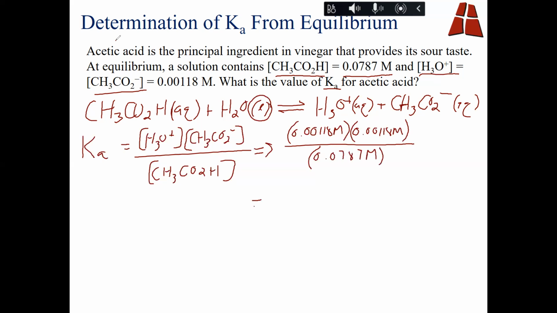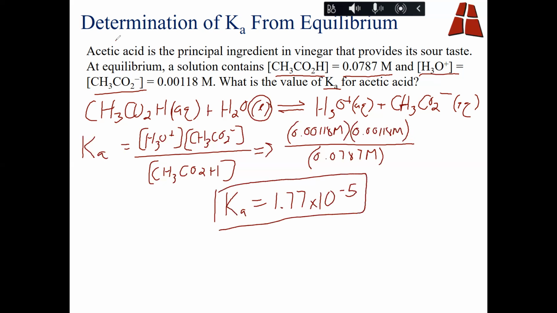Okay, and when we do that math, I got that our value for Ka should be equal to 1.77 times 10 to the minus 5. Okay? So that would be how we calculate our acid dissociation constant, Ka, for acetic acid.